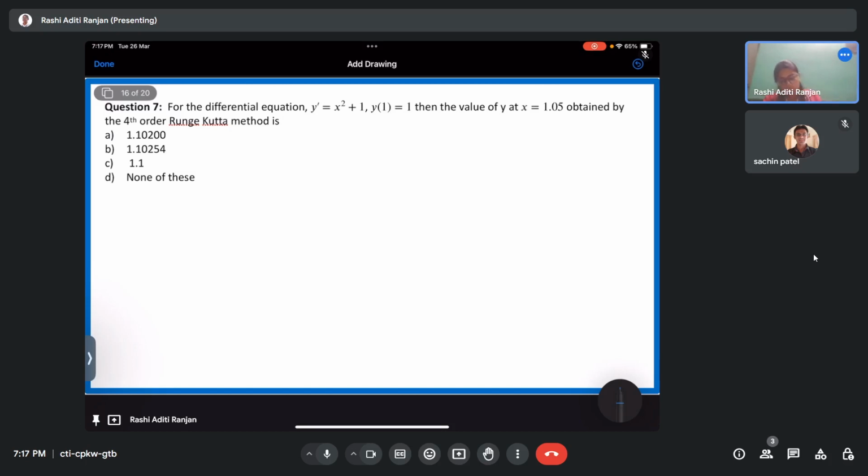Okay, so I have y. Firstly, what is an RK4 method?